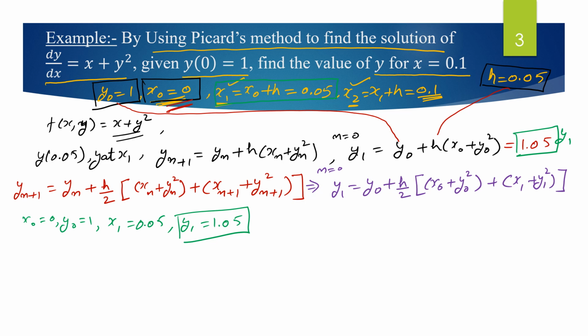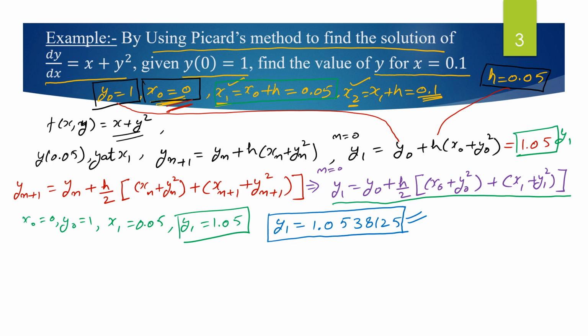Now substituting these values in this formula, we get y1 is equal to 1.0538125. After substituting these values, I calculate y1, and this is the final y1, and this is the mid y1 which we get by using the Euler formula.